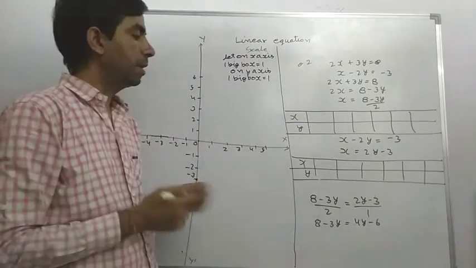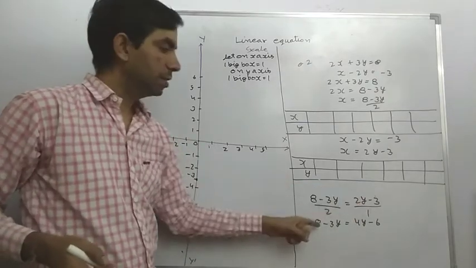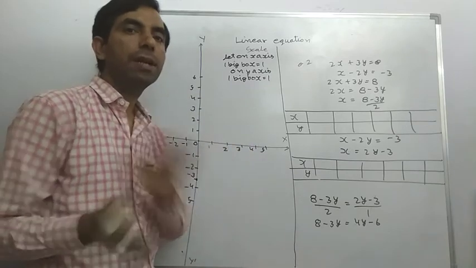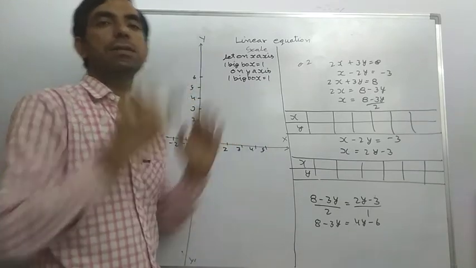If we do cross multiply then 8 minus 3y as it is, and 2 2s are 4y, 2 3s are 6 minus 6, and now we take numbers on one side and the alphabet on the second side.